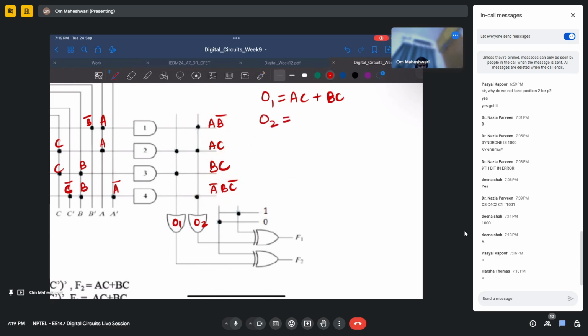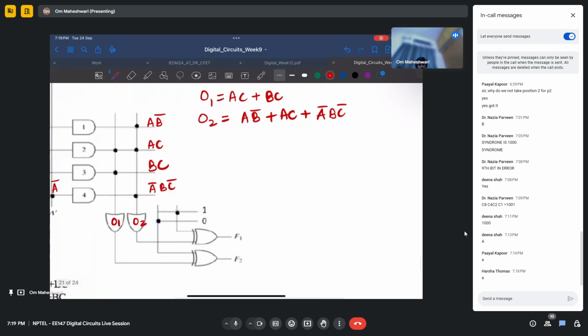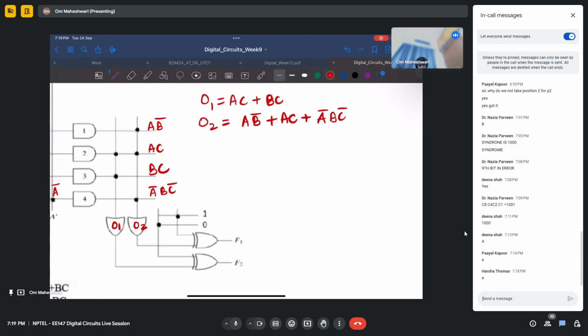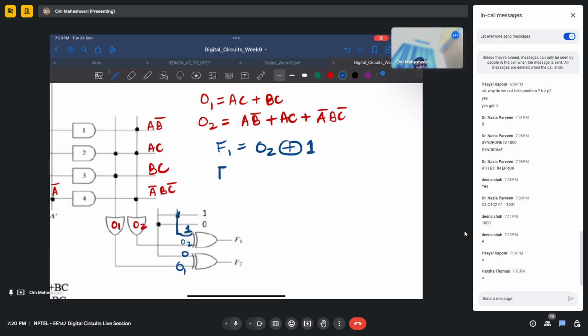O2 is AB bar plus AC plus A bar B C bar. Now we have two XOR gates. F1 is O2 XOR with 1, and F2 is O1 XOR with 0.